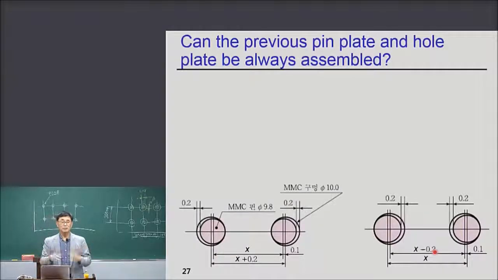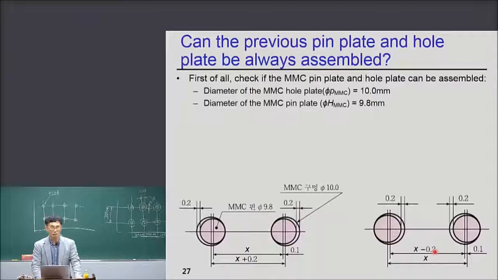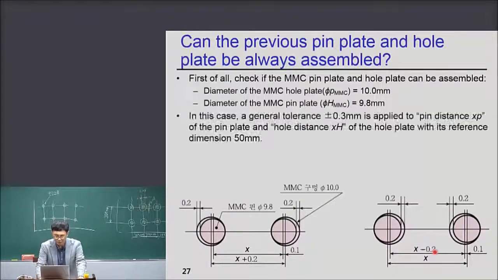Now, what is the general tolerance of 50? Center distance of 50. Maybe it's 50 plus or minus 0.3. So in this case, a general tolerance of plus or minus 0.3 millimeter is applied to the pin distance xp of the pin plate, and to the hole distance xh of the hole plate with its reference dimension 50.